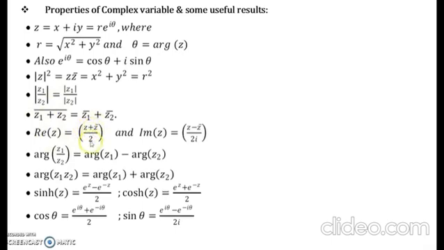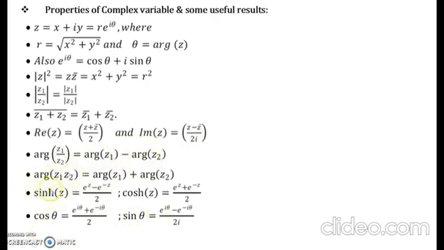While we are solving z plus z bar by 2, we will get real part of z. Imaginary part of z is equal to z minus z bar by 2i. So these are all some formulas. And argument of z1 by z2 is equal to argument of z1 minus argument of z2. Multiplication of argument values is equal to addition, and division of argument values is equal to subtraction.